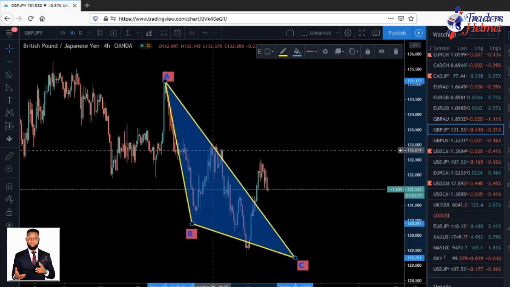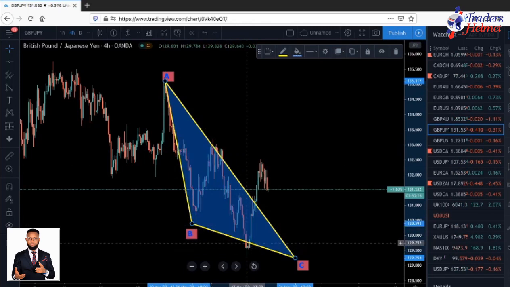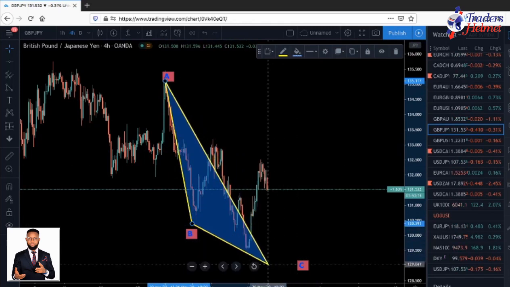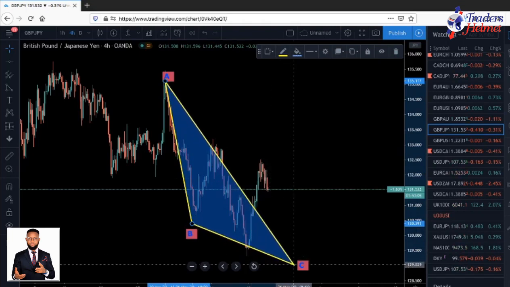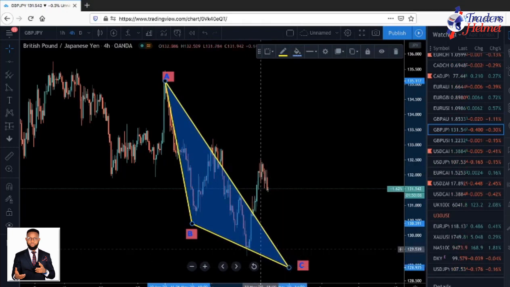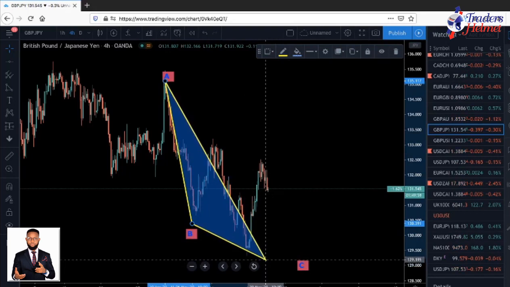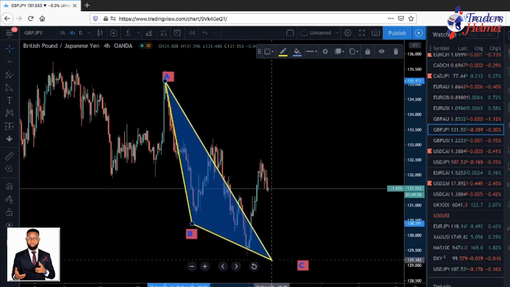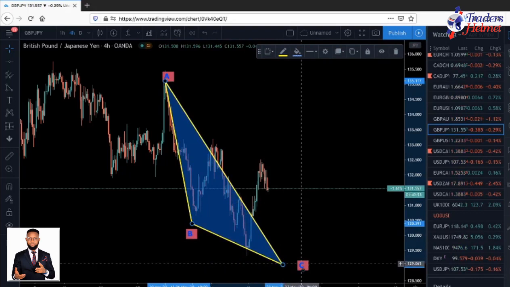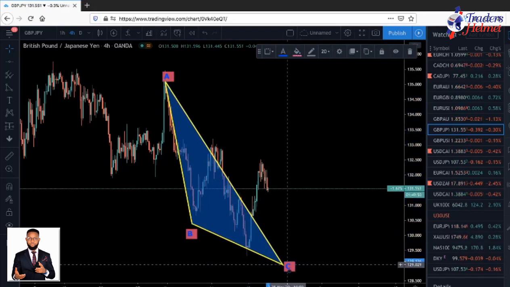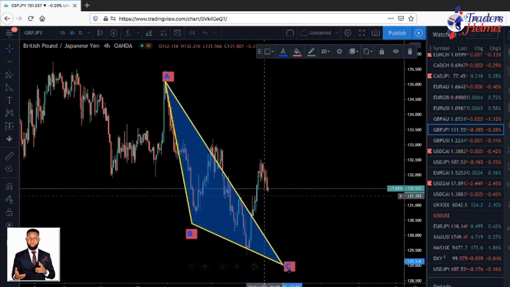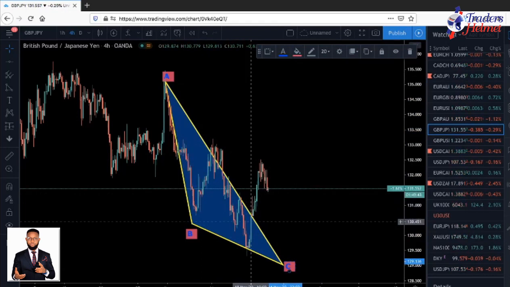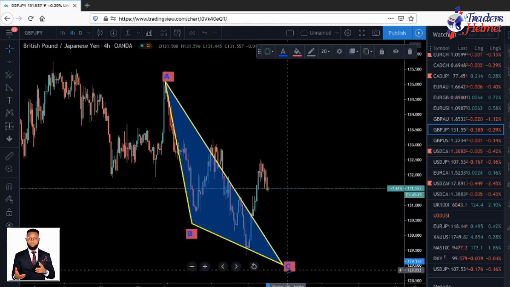And then we said the end of the second correction, which is here, which is our C. This is where our C is supposed to be, right? So I had to stretch it down here. You know, if you leave it here, it will be a little bit shorter. So you have impulse, correction, correction, impulse. So the end of the second correction is point C, which is this point.